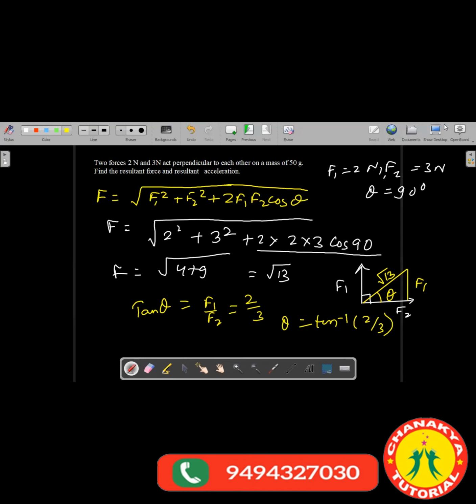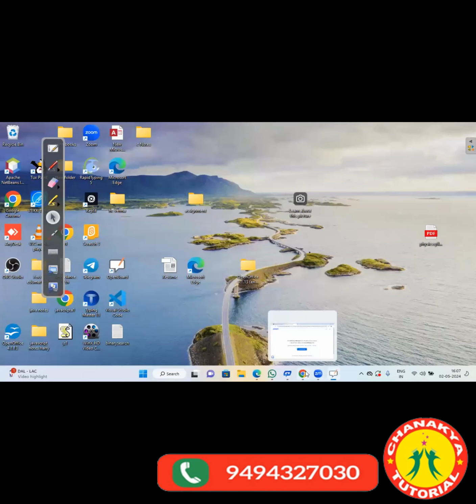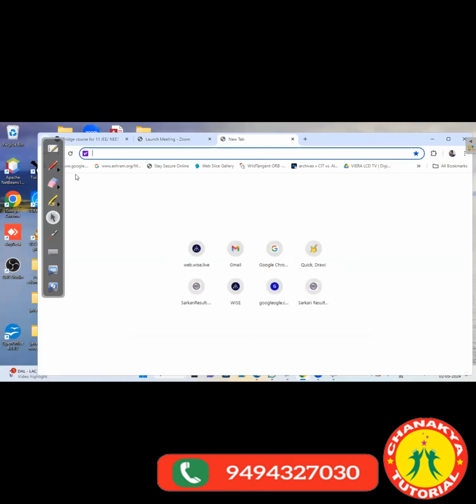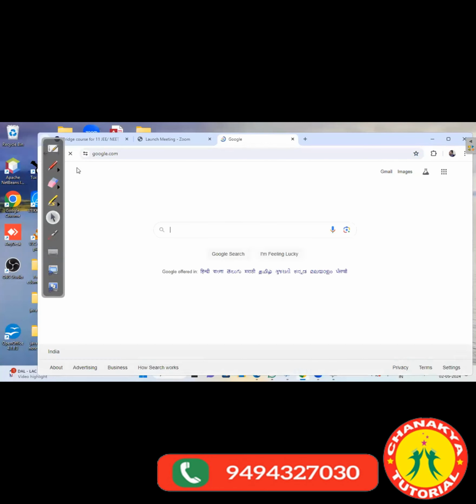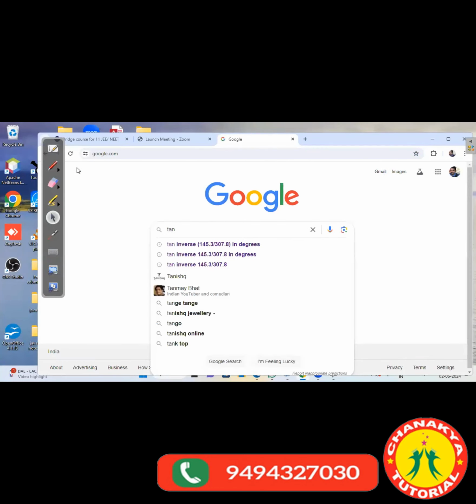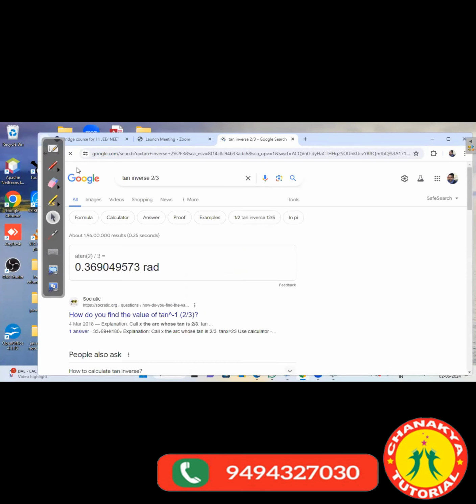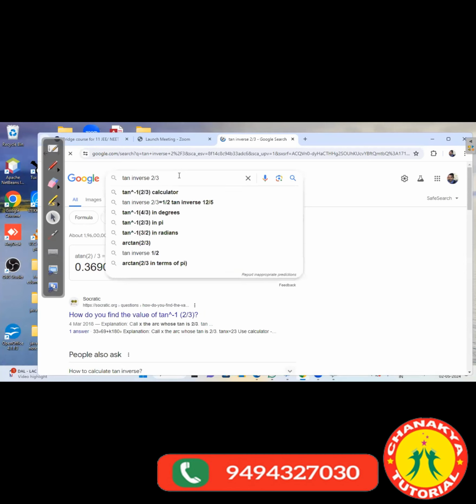If I use my calculator here, we have tan inverse of 2 by 3. This is in radian. I want in degree.